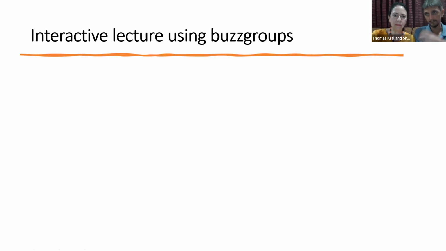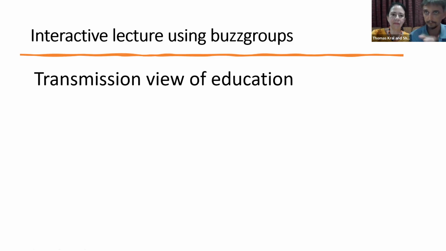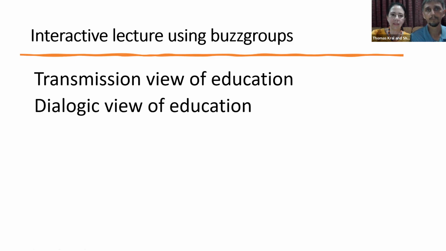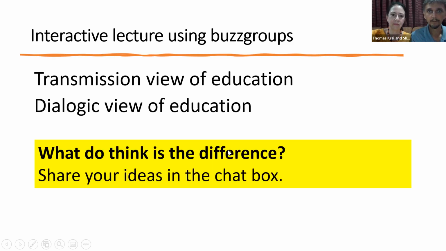Shannon's going to deliver a short lecture about the topic of education, which is relevant for our discussion here: the transmission view of education versus the dialogic view of education.